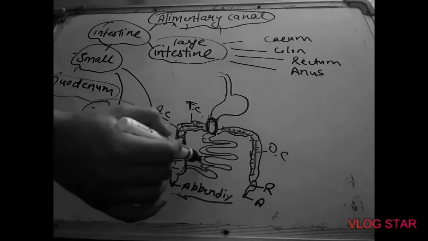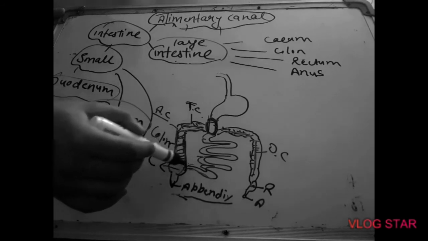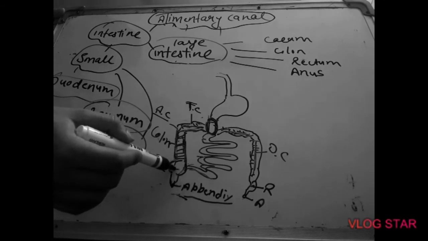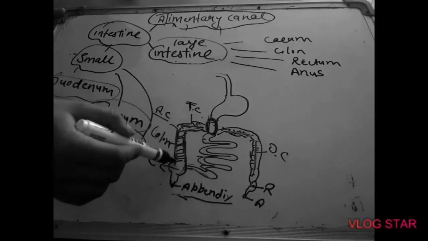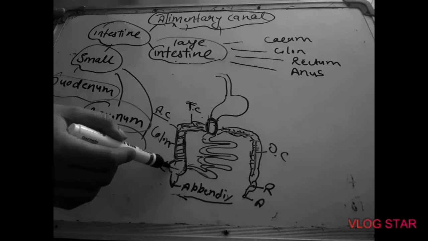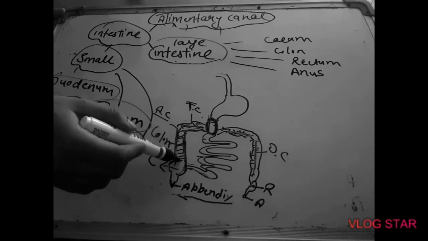So the cecum receives food from the small intestine, and all the undigested food from the small intestine enters the large intestine. What are the functions of the large intestine? The main function is to absorb water from the undigested food material.